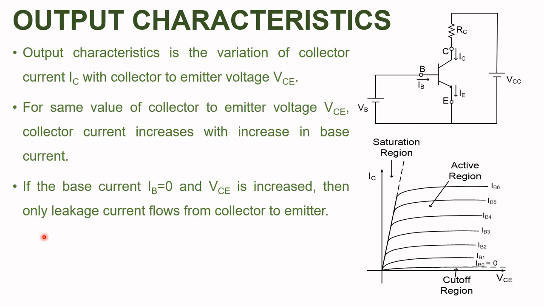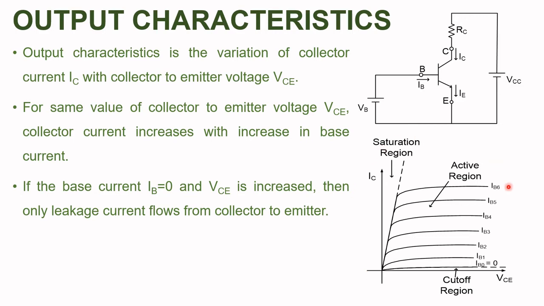Output characteristics are given as the variation of collector current IC with the collector to emitter voltage VCE. In this case also, we have selected an NPN type of transistor with common emitter configuration. The output characteristics of this transistor are given in this figure.